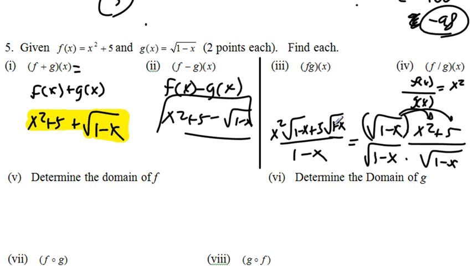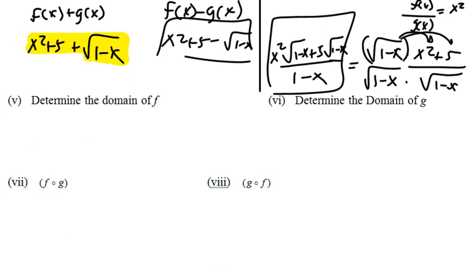And then it's supposed to be a 1 right here. Let me make that a little more visible. So this should be 1 minus x. There you go. So this would be the final answer that I was looking for right here.